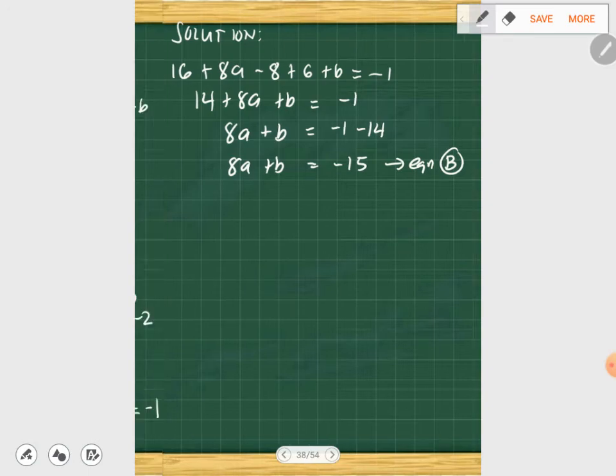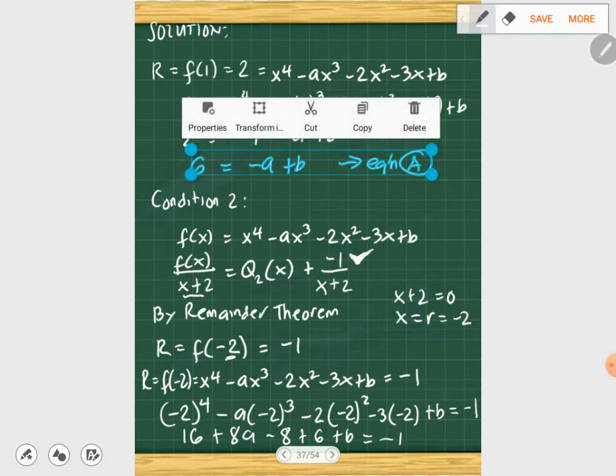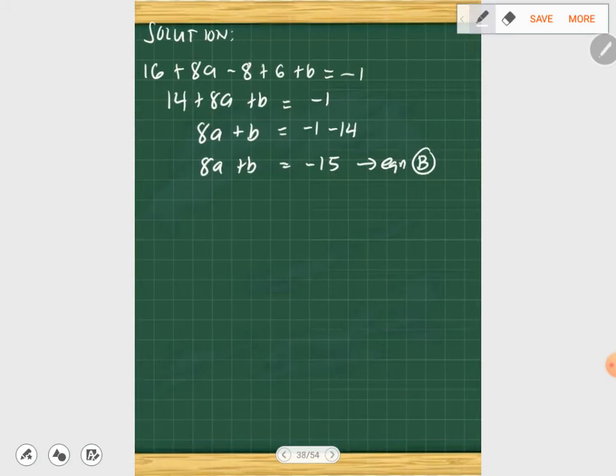Okay, so pwede na natin isolve yung equation a tsaka equation b simultaneously. Okay, kunin ko lang to. So by solving two equations, two unknowns.